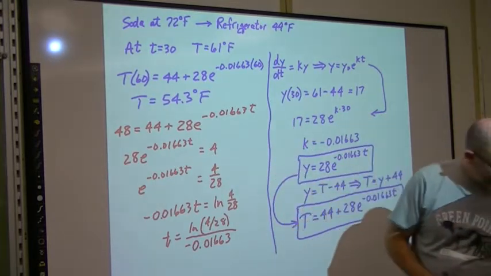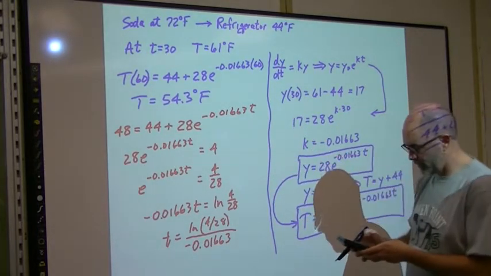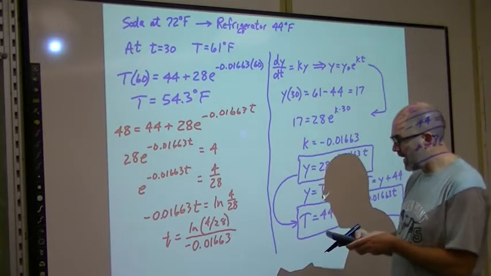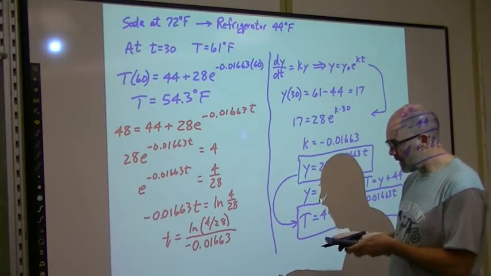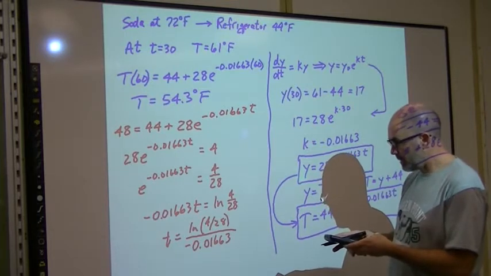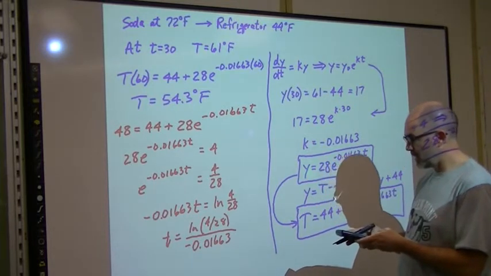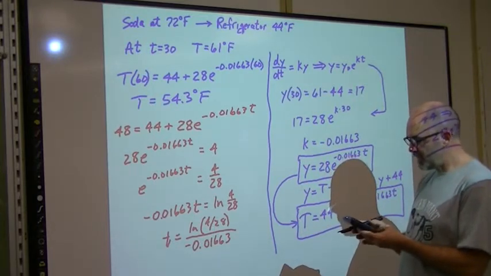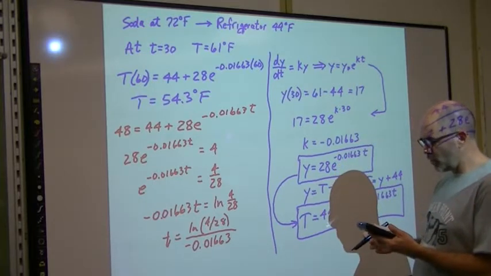Okay, so let's check that out. I'm going to go 4, enter, 28, divide, take the natural log of that, and then divide by 0.01663. Change signs, divide, 117.012.